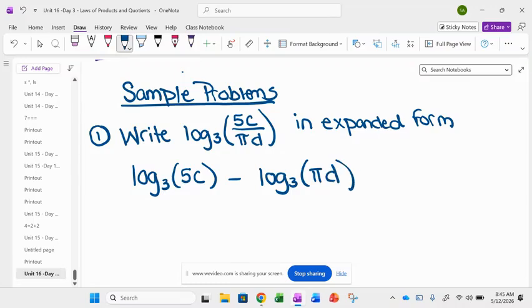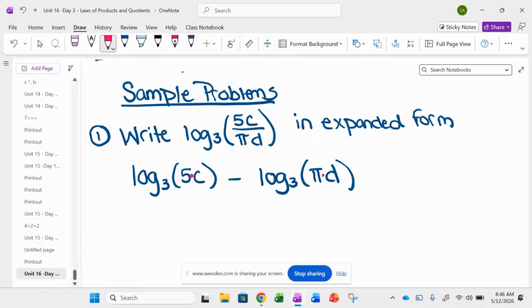Are we okay so far? I'm not done though. Why am I not done? There's even more going on here. What operations between the 5 and the c? Isn't that multiplication? And what operations between the pi and the d? Isn't that also multiplication? So when I say write in expanded form, I want it as long as possible.